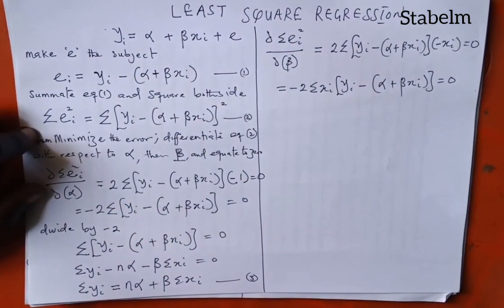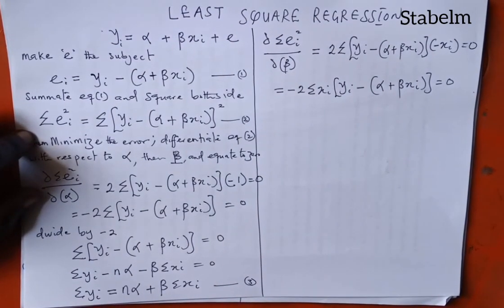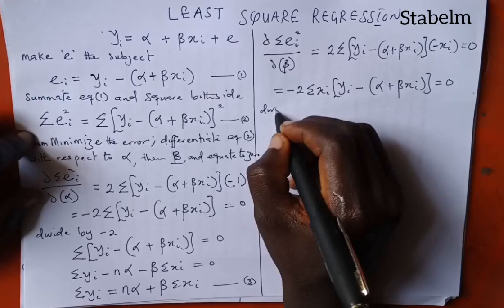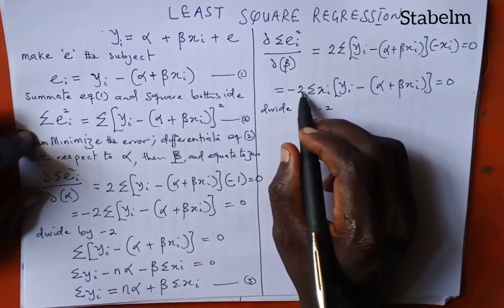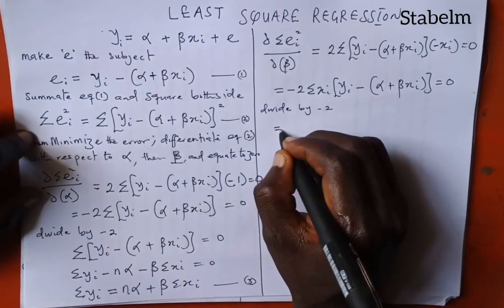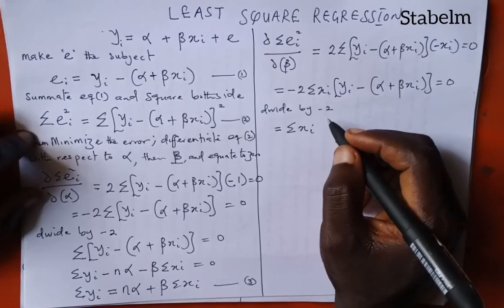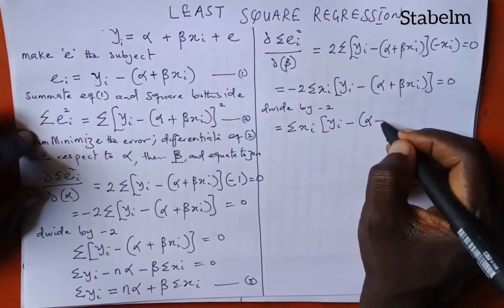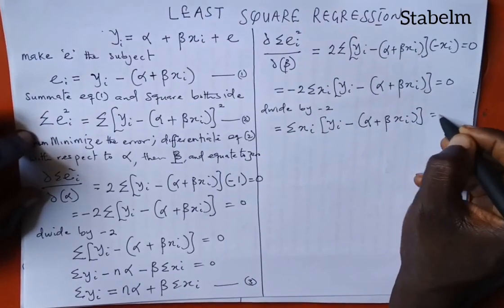Here too we need to divide all of that by minus 2. Minus 2 will take care of this, so we have summation x i into brackets y subscript i minus alpha plus beta x subscript i equals to 0.